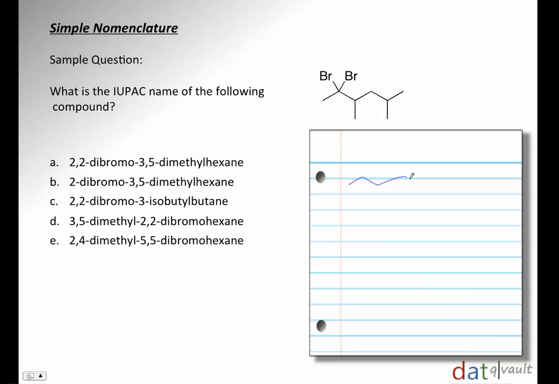So to solve this question, I would start by actually drawing the molecule out and then numbering and circling things on the molecule. Alright, so if we find the longest hydrocarbon chain on this molecule, it's going to be this 6-carbon chain. So this is going to be a hexane.